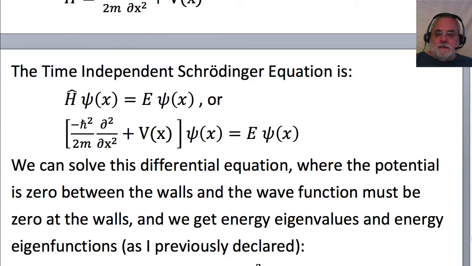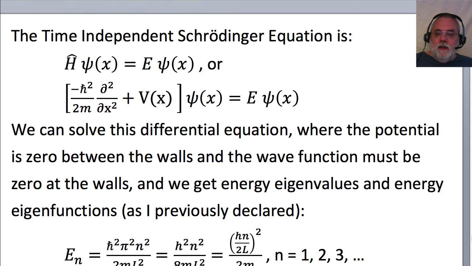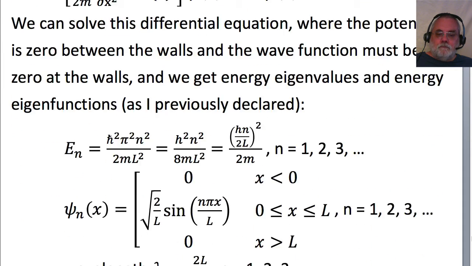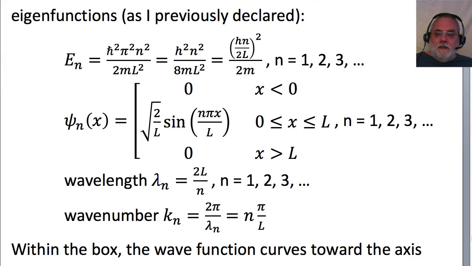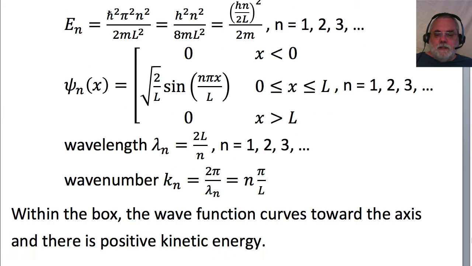We can solve this differential equation where the potential is 0 between the walls and the wave function must be 0 at the walls, and we get the energy eigenvalues and energy eigenfunctions that I previously declared. If you know enough calculus, you can and should do this and show that it is true. Within the box, the wave function curves toward the axis, and there is positive kinetic energy.